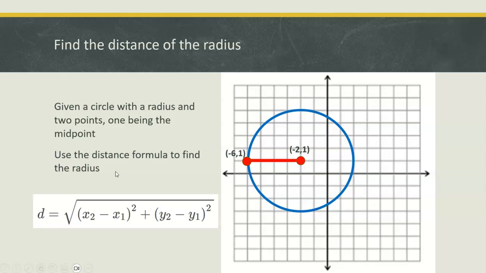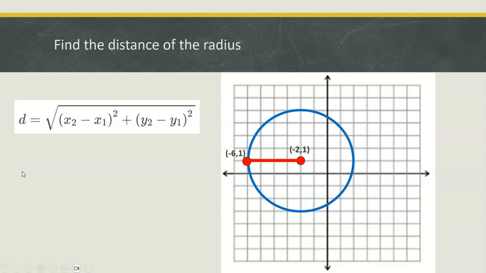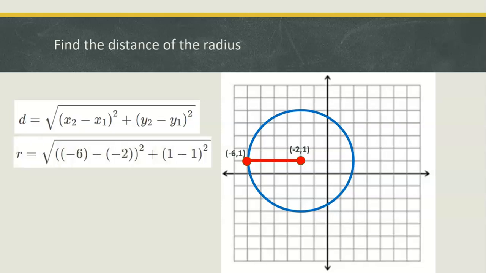With this particular problem, you could probably just count from one point to the other and see that it's 4. However, you might not have a straight horizontal line and it might be diagonal, where you can't just count the 4 spaces. So using this example, you would identify that your first point is -6, 1 and your second point is -2, 1.